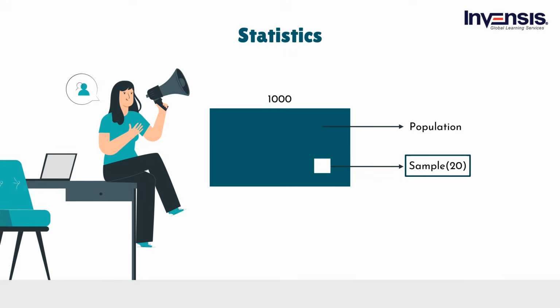By looking at the sample, if you want to draw a conclusion about the population, then that is inferential, because you want to draw inference about the whole population by looking at the sample. Going back to descriptive, you look at the whole population, and you just want to draw conclusions about what it is. So that is the difference between descriptive and inferential statistics.